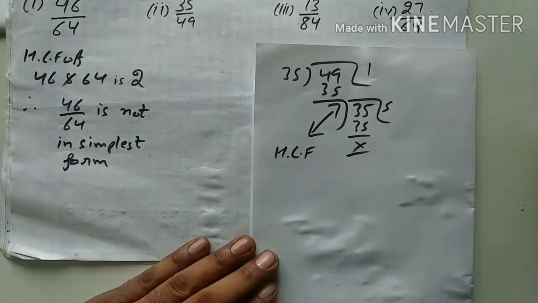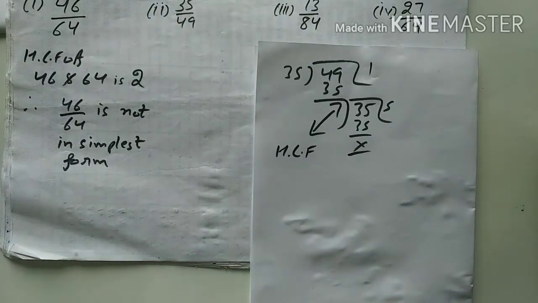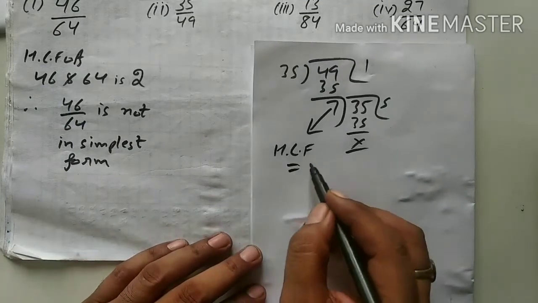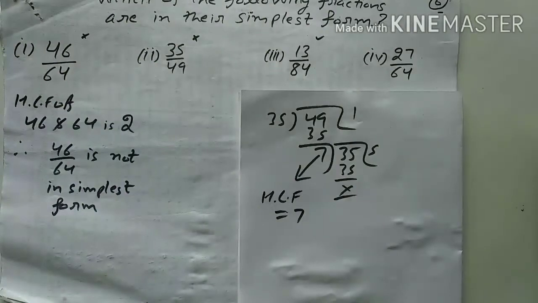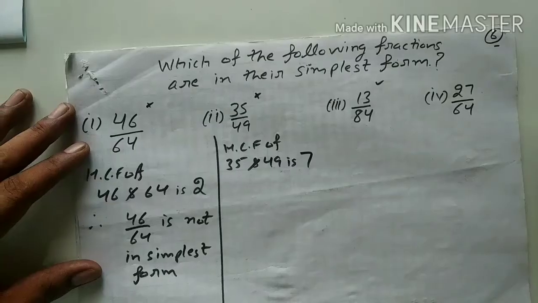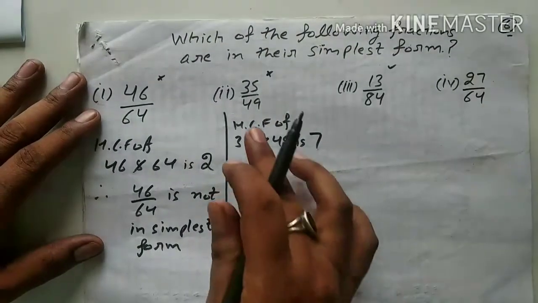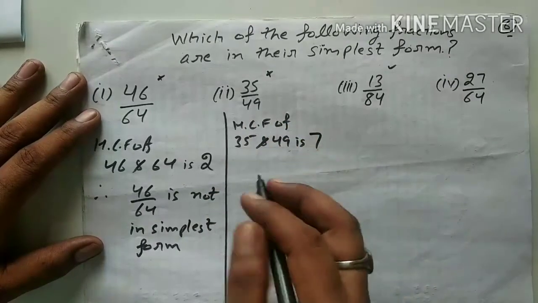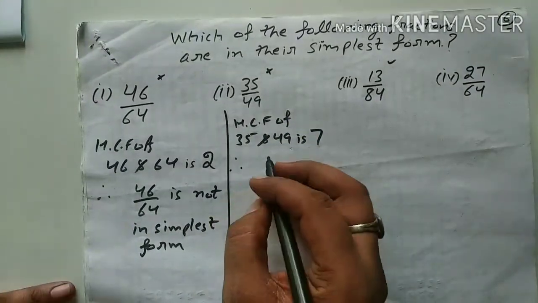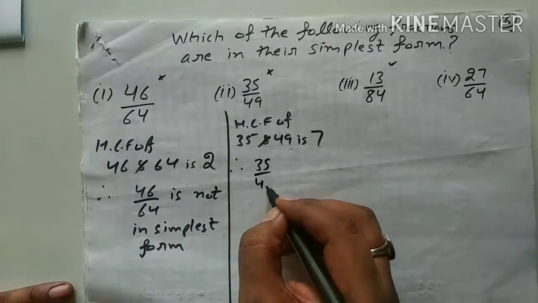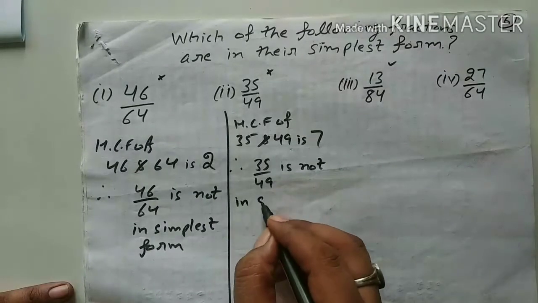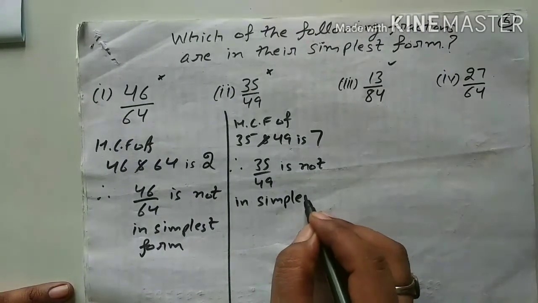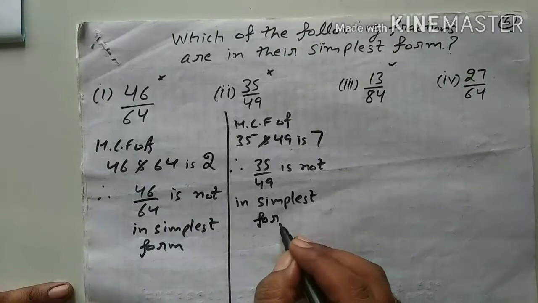The HCF is 7. But what should the HCF be? HCF should be 1 to be the simplest form. But here the HCF is 7. Therefore 35 over 49 is not in the simplest form. So HCF of 35 and 49 is 7. Therefore 35 over 49 is not in simplest form.